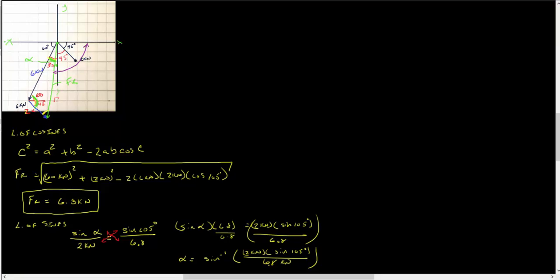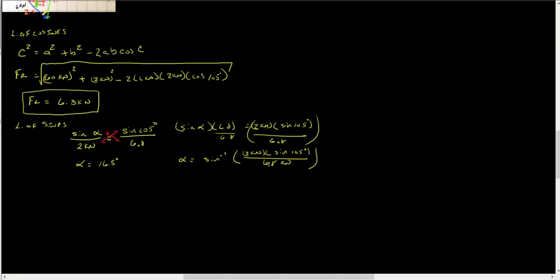Plugging this into my calculator, I get that alpha is 16.5 degrees. So again, that's this piece here. So now I can say 90 degrees minus 60 degrees minus 16.5 degrees is equal to 13.5 degrees.